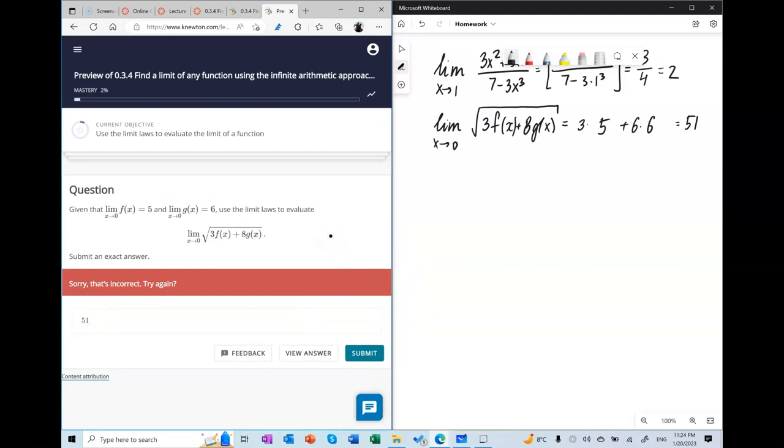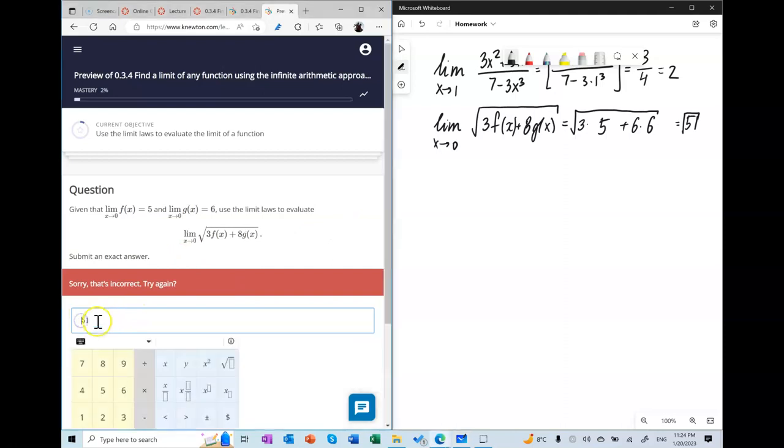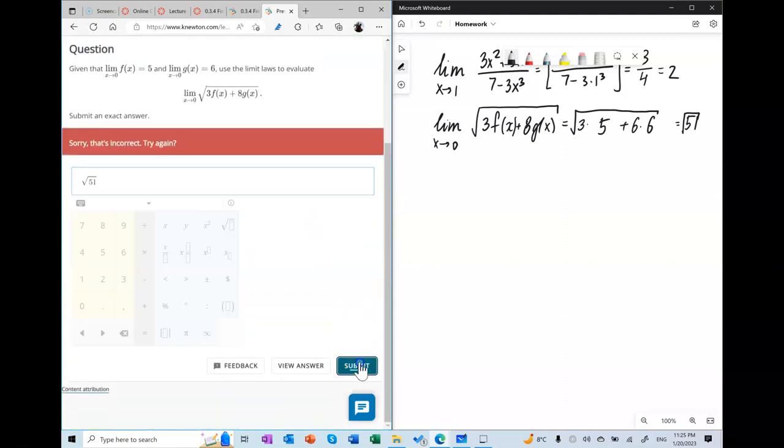I forgot the square root, of course. Well, hopefully this time it is correct.